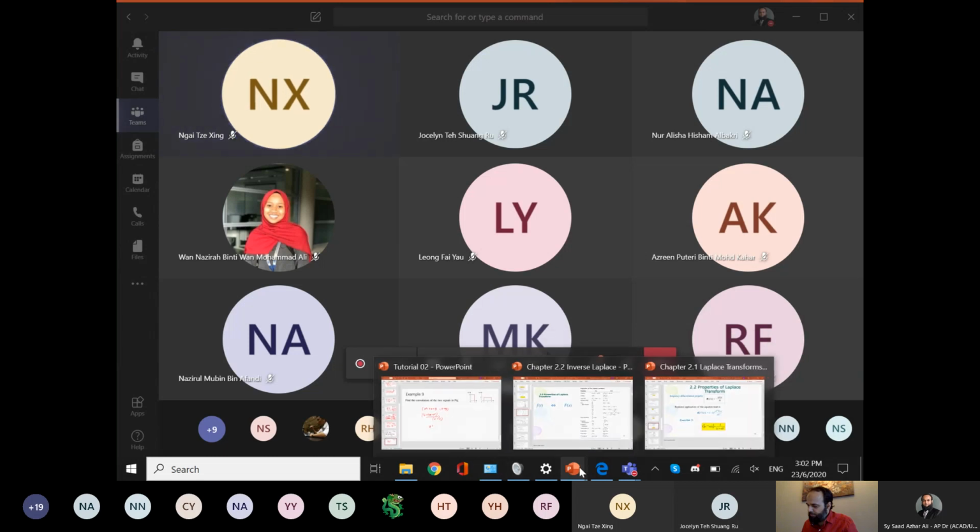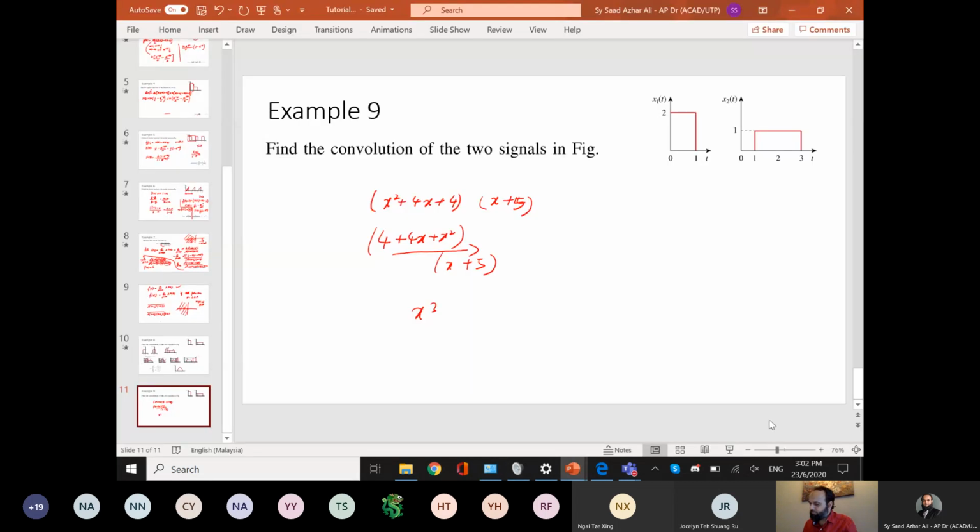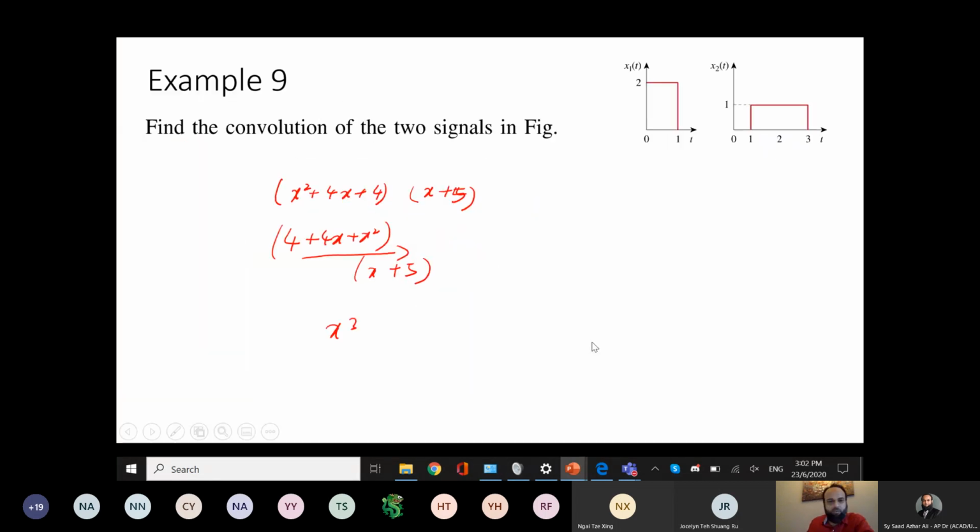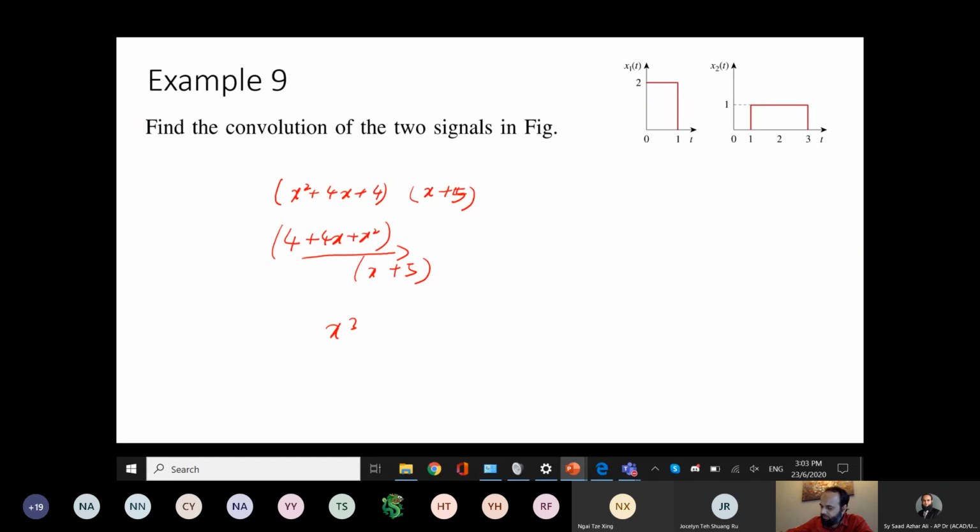So let me come back. Basically, we are sliding and multiplying and adding. x squared times x is x cubed. Then we multiply with plus 5x squared.